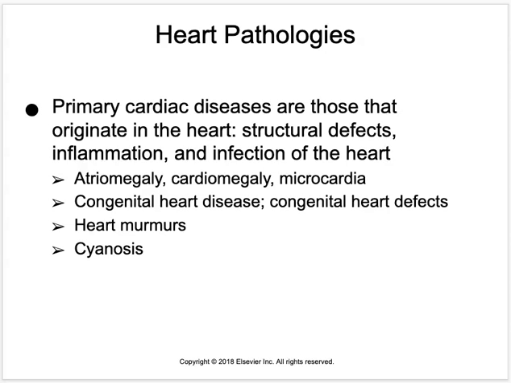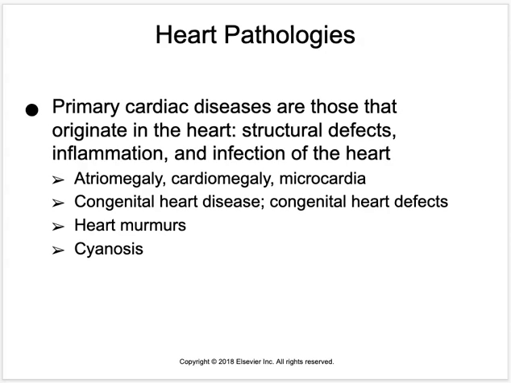If we are looking at these heart pathologies, primary cardiac diseases are those that originate in the heart. Some of the examples that we're going to be talking about are structural defects, inflammation, and infections of the heart. Some examples of primary cardiac diseases would be atriomegaly.